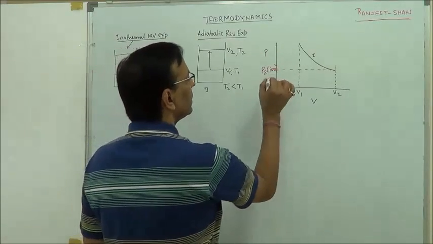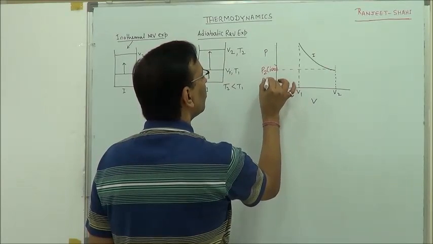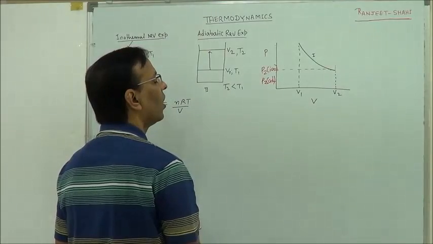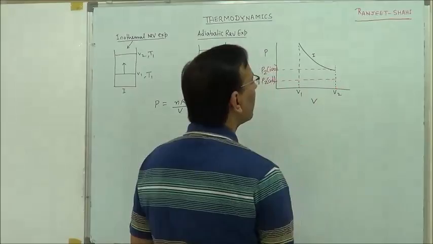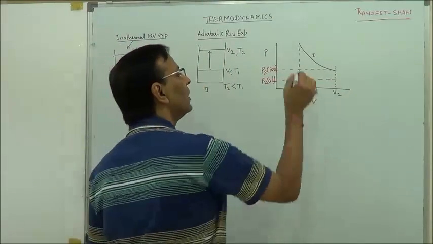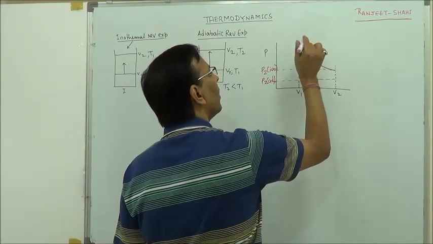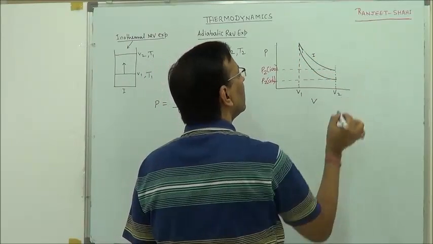Let us take that here, P2 adiabatic. P2 adiabatic is here. So the adiabatic path will be exactly like this.